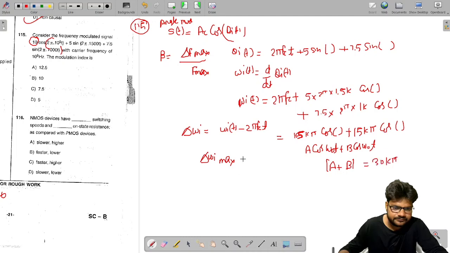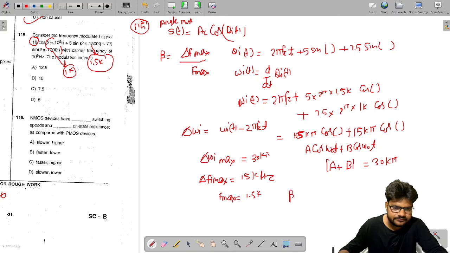So delta omega i maximum is 30k pi, and delta f i maximum we will get if we divide by 2 pi, this is going to be 15k hertz, right. Now fm we find out from this: this is going to be 1.5k, and from this it is going to be 1k. So we have to take the maximum one, so f maximum is going to be 1.5k.